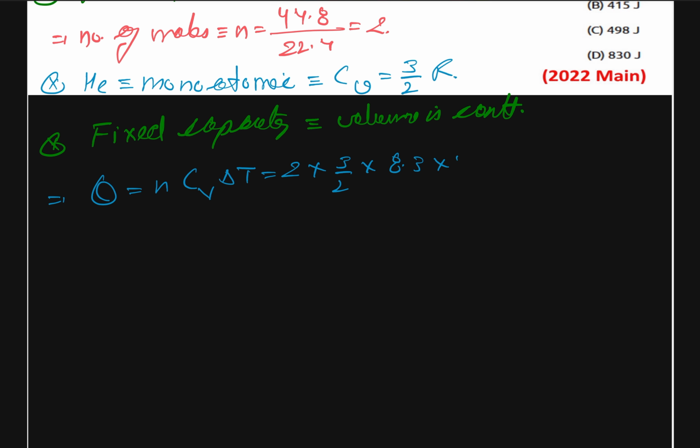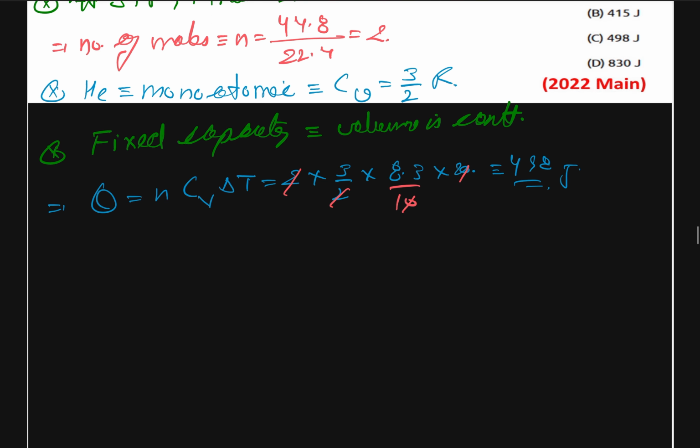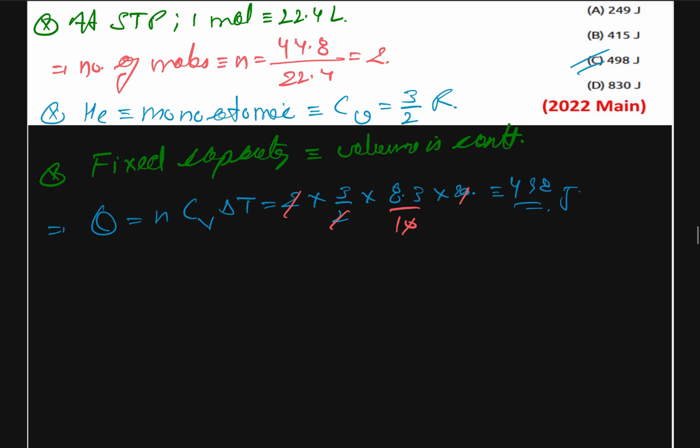So this will be 20. And here this 2 and 2 cancel out, and 10 goes by 0. So this will be 6 multiplied by 83, and that comes to 498 joules. So option C is correct.